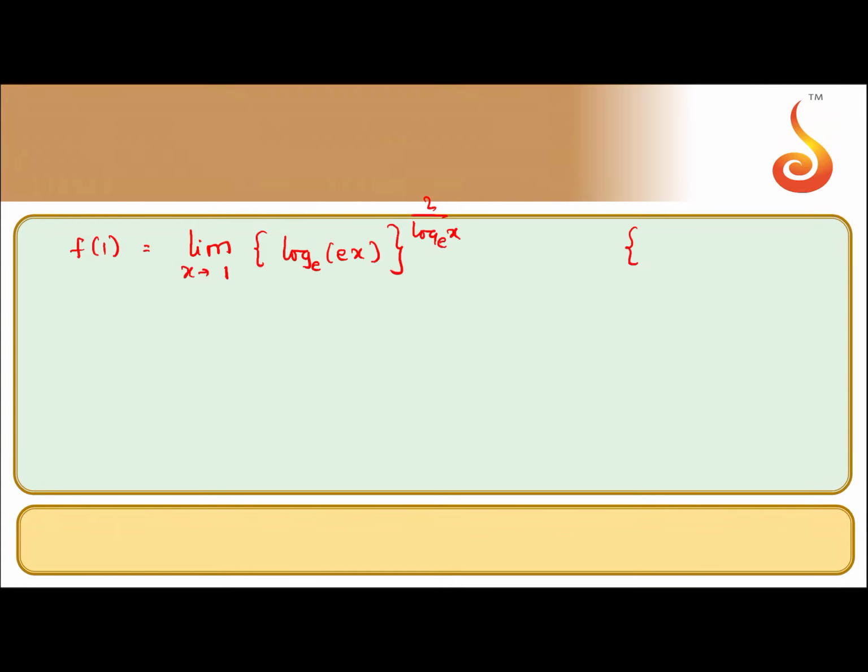If you observe very carefully, it is a 1 to the power infinity form. Therefore, e to the power limit x tending to 1, 2 by log base e of x, times (log base e of x minus 1). So ultimately we get e square, the log base e of x will cancel.